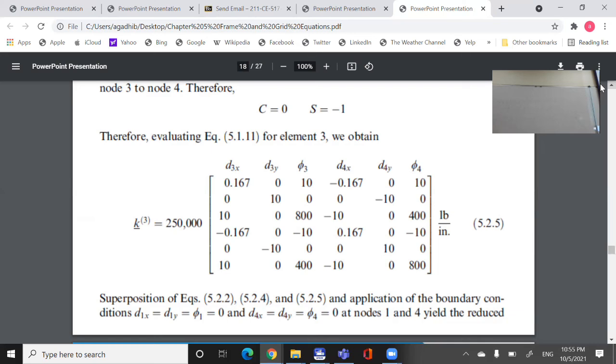And Phi1. F1x will be axial force, F1y shear, and the other one is Phi. Now, what about the other node? Axial force, shear, and Phi.